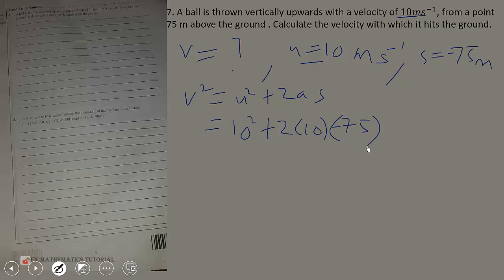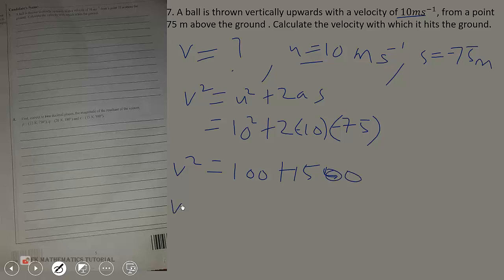So v squared will be equal to 100 plus 20 times 75. 20 times 75 will give us 1,500.